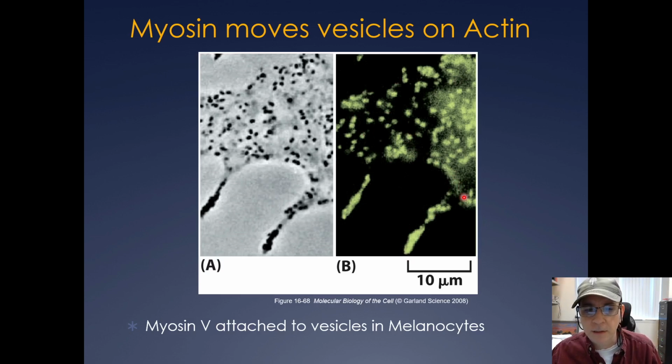It turns out that these pigment vesicles are often bound by myosin 5, which is attached to the vesicles in melanocytes, and moves them on actin in the plus direction.